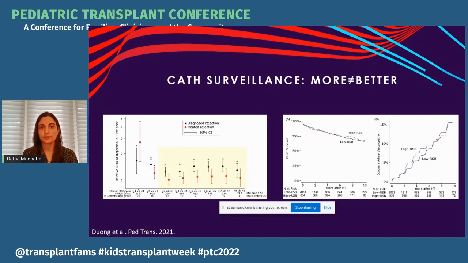This is just one example on pediatric patients, but basically, on the left here, they were comparing places that did fewer biopsies to more, so 1, 2, 3, 4, and onward biopsies within the first year post-transplant. In how many cases were they finding more rejection, and more rejection that actually mattered, that needed treatment?